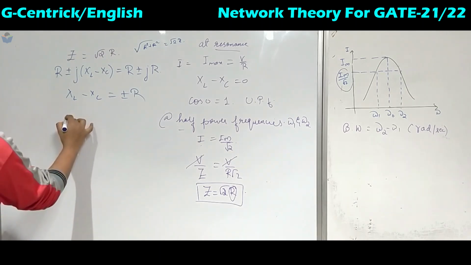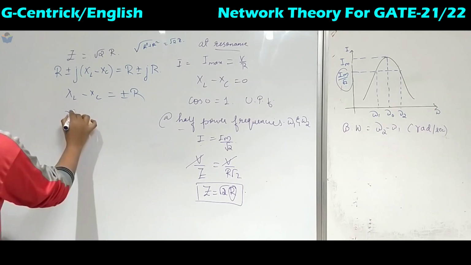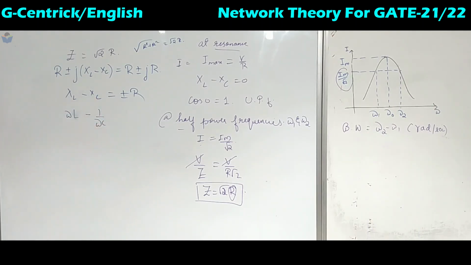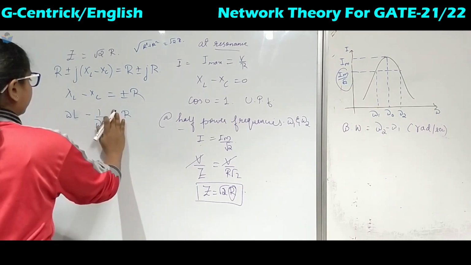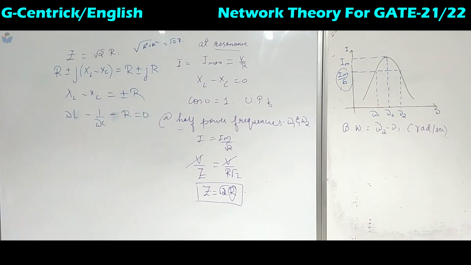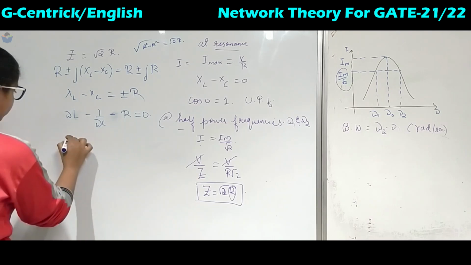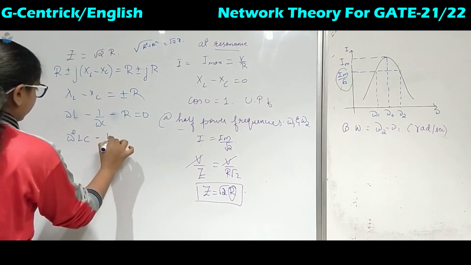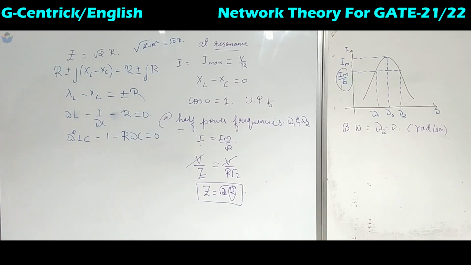Now what can we substitute? XL will be equal to omega L, and XC will be 1 over omega C. Now I will take this over to this side, it will become minus R equal to 0. Now I will take the LCM for this. You will get omega square LC minus 1 minus R into omega C will be equal to 0.